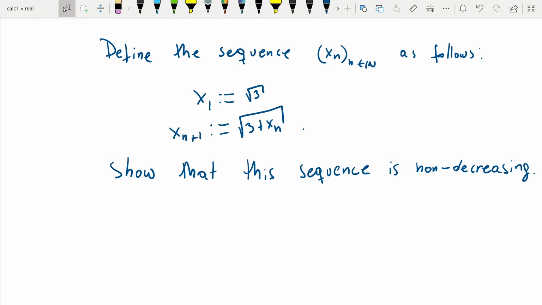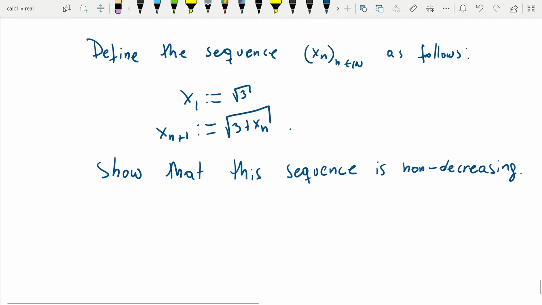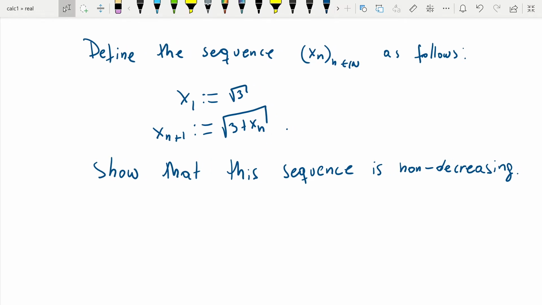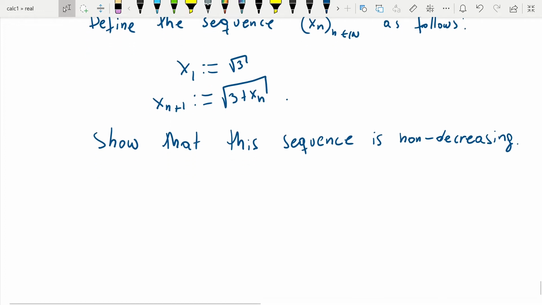However, we already know that when taking the square root, even if we're taking the square root of rational numbers, we may end up with things that are not rational numbers. And since we don't know that there are such things as real numbers yet, we're not allowed to write this here.